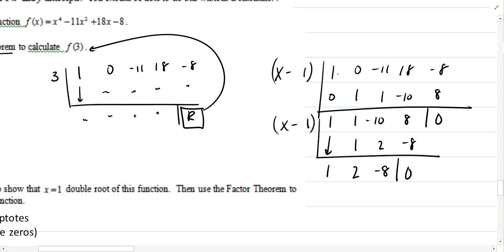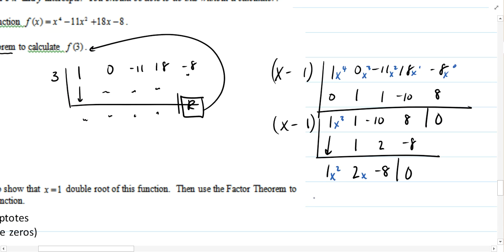And what we started off as an x to the 4th power polynomial, because all of these coefficients represented the coefficients to the polynomial, by the time we finished the synthetic division, what was an x to the 4th changed to an x to the 3rd. Now we're dealing with an x squared polynomial.